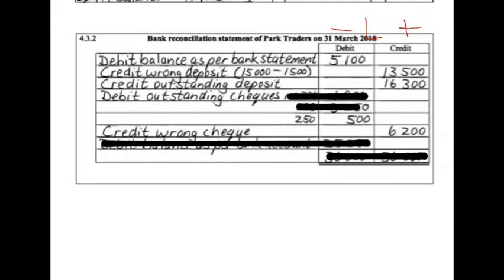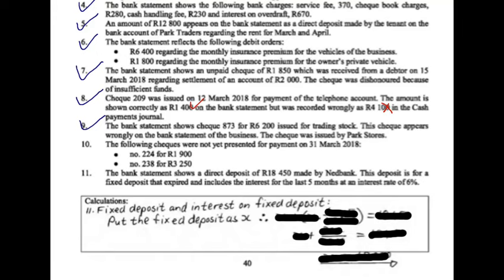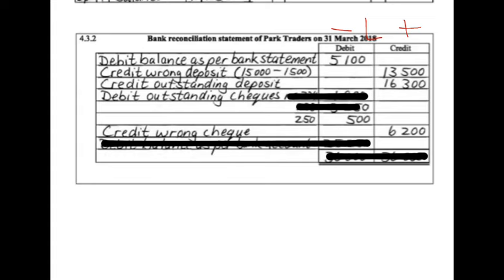Number 10, the following checks were not yet presented for payment on the 31st of March: check number 224 and check number 238. Not yet presented means that the bank does not know about the checks yet, so it's outstanding on the bank statement. Therefore, if I want to add it, I need to add it to the bank recon statement.